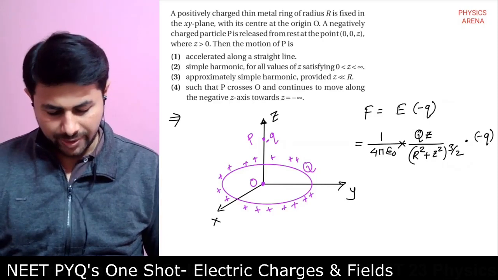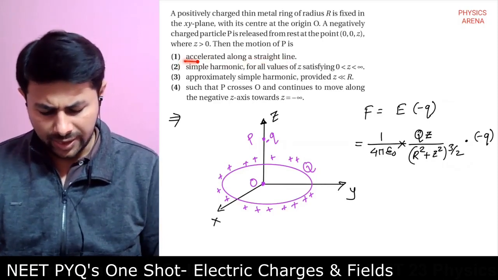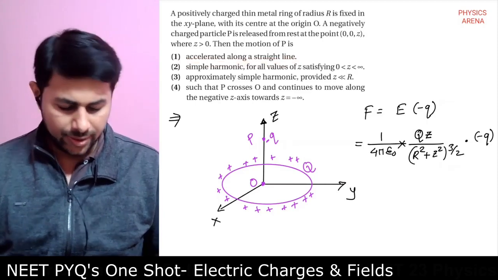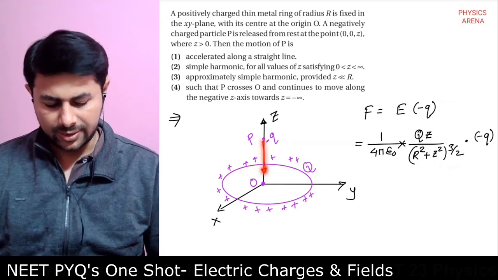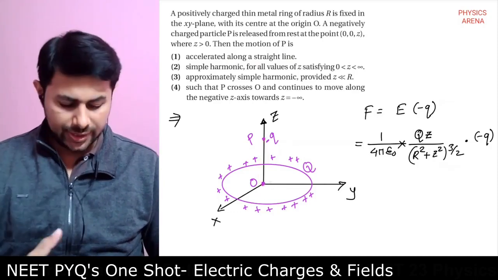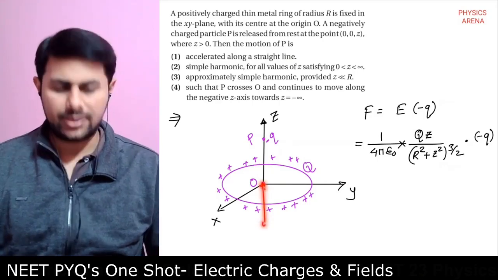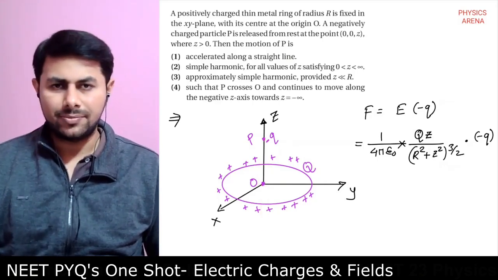So now see what happens. It is accelerated along a straight line. This is the first option. It will get accelerated downward, but it will reach the center and pass to the other side. Once it passes to the other side, what will happen?